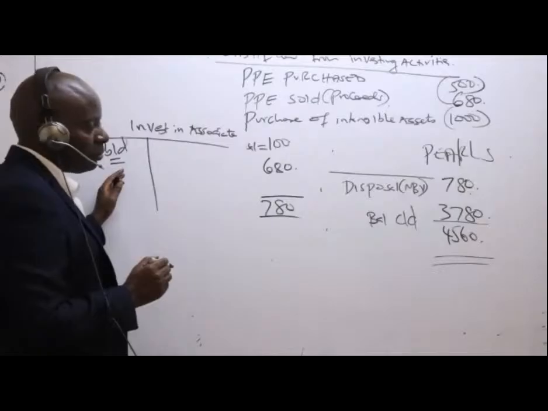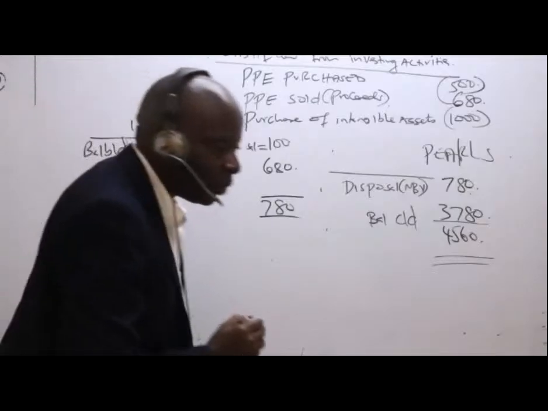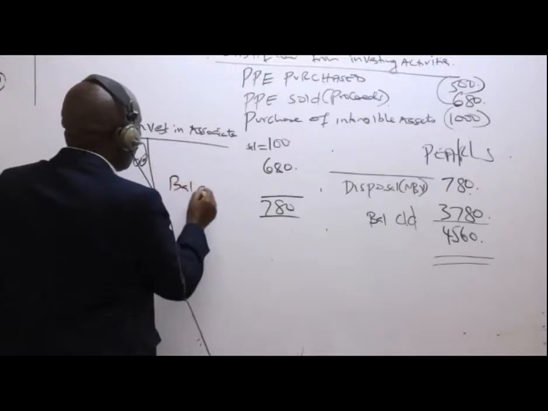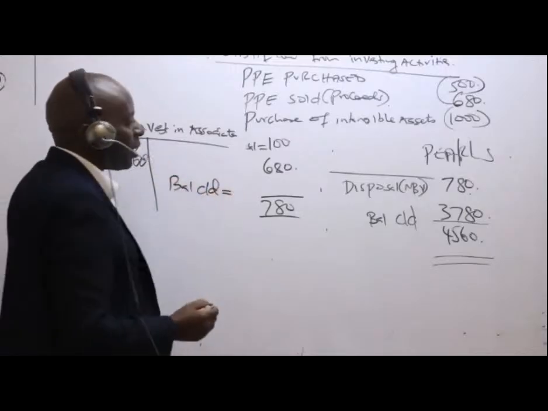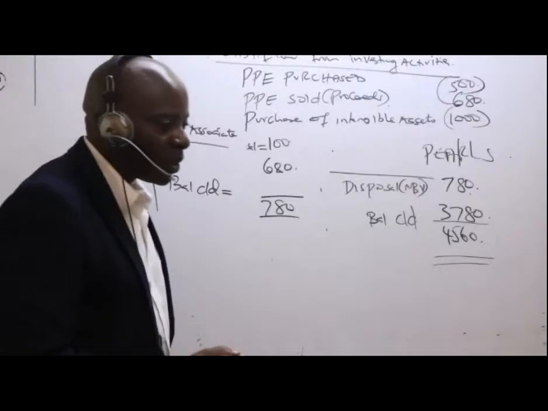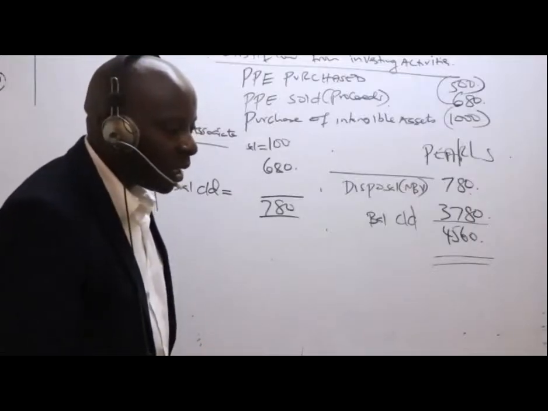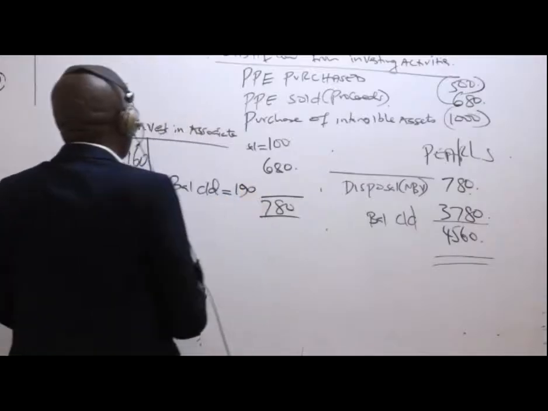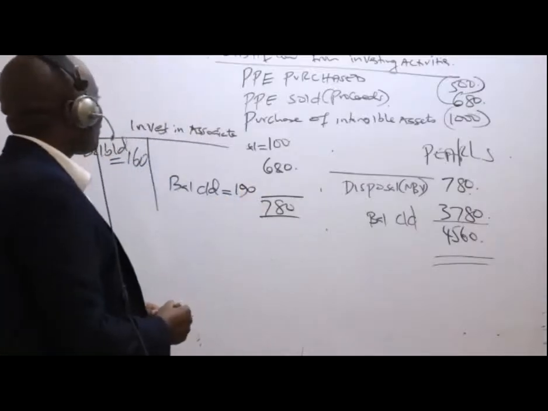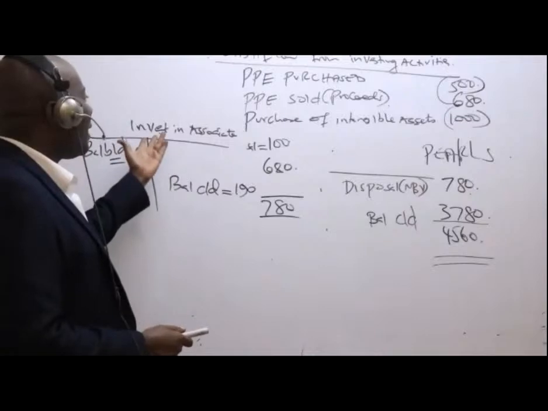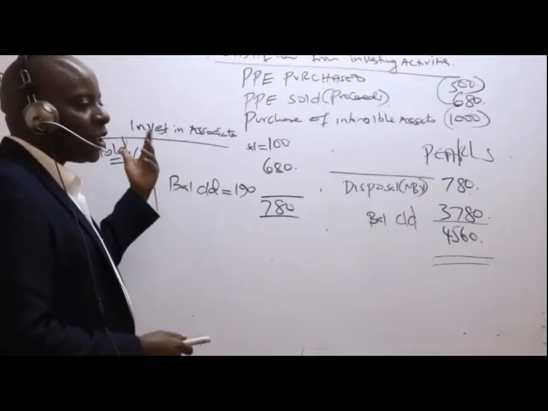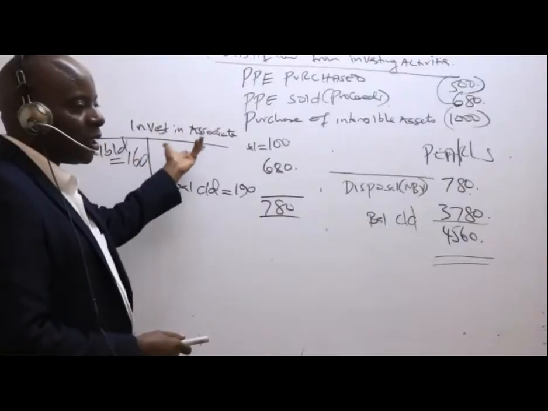Are you able to give us 160? Thank you very much. How about balance carried down? 190. Now from there, you go and ask yourselves whether you have any income from the profit and loss associated with your associate.